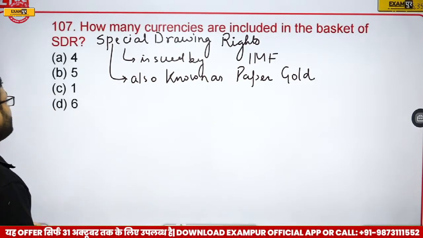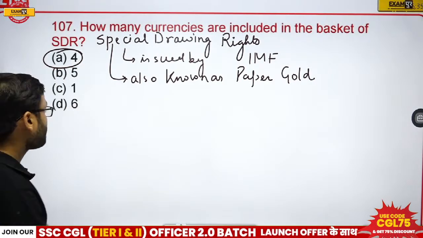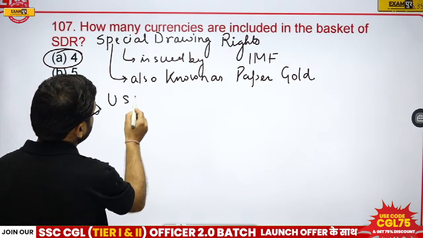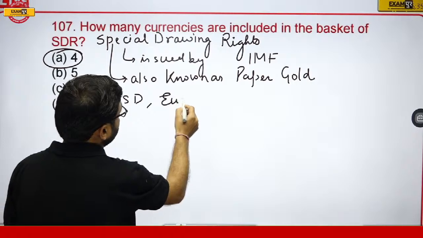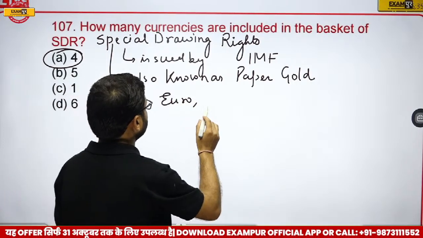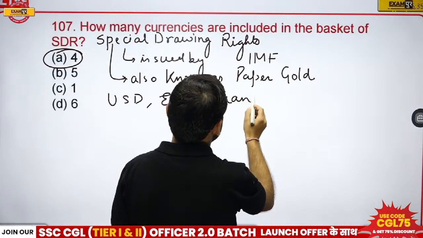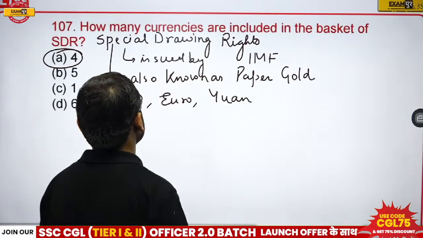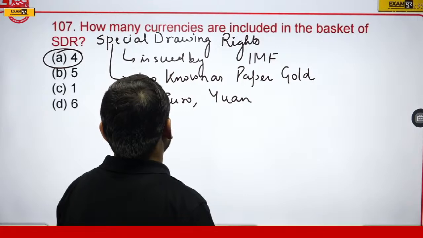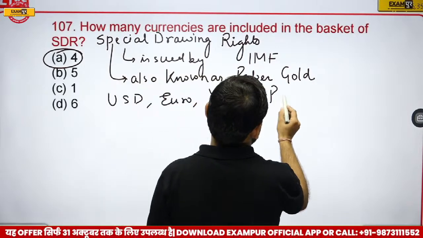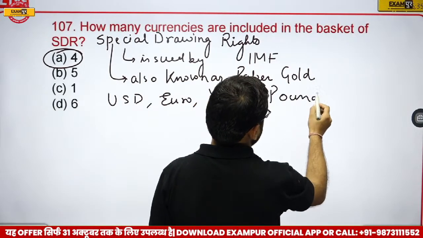So there are four currencies in special drawing rights. What are they? One is US dollar, the other one is euro, and the next is yen, and pound.